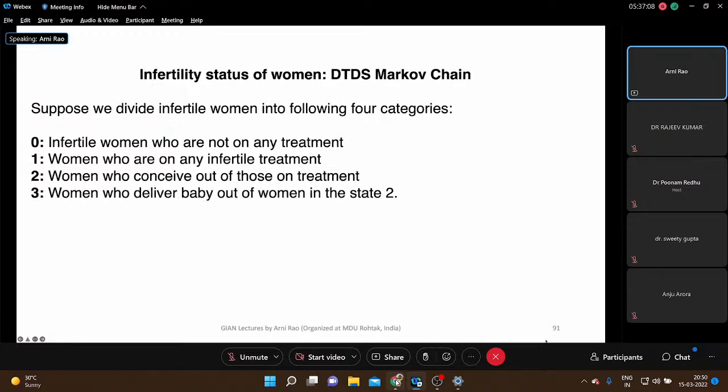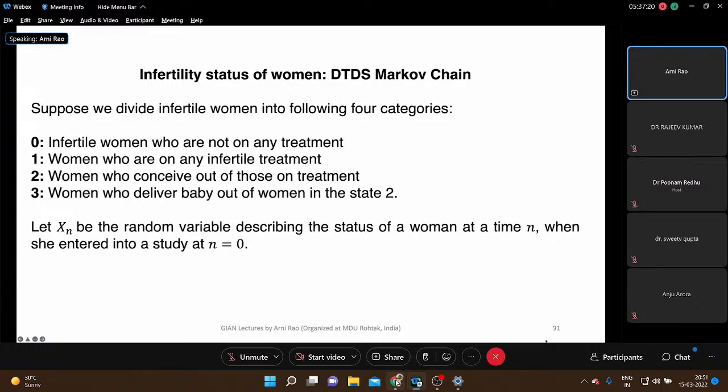And 3 is women who deliver a baby out of women in state 2, those who are on treatment, those who conceive and deliver a baby. 4 states are there. Then the random variable: let Xn be the random variable describing the status of a woman at time n.